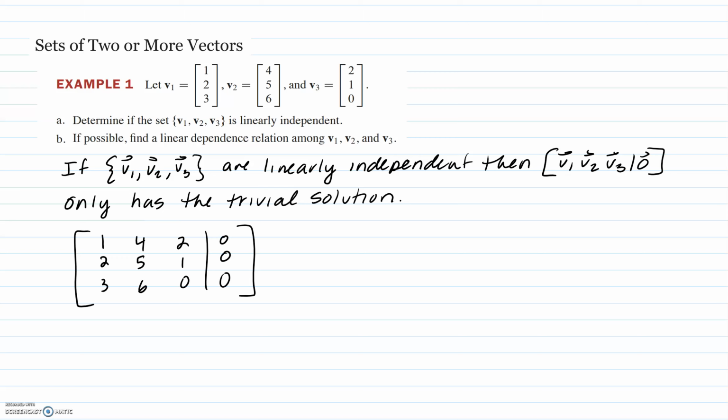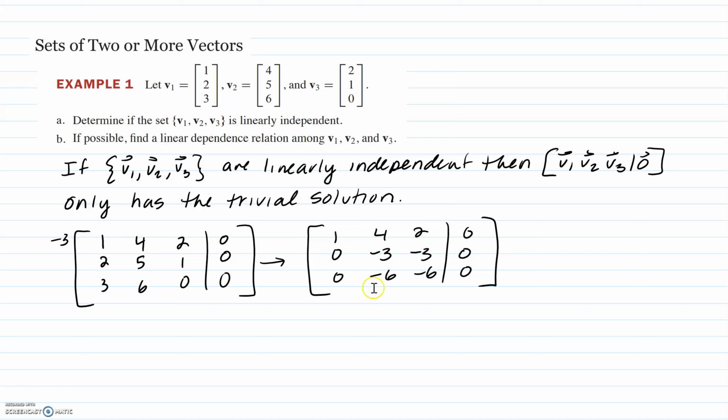And again, let's reduce that to echelon form, multiplying the first row by -2 and adding it to the second, getting 0, -3, -3, and 0. Doing the same thing, multiplying the first row by -3 and adding it to the third, we get 0, -6, and -6, 0. Then we could just multiply the second row by -2 and add it to the third, and we're going to get a row of zeros.